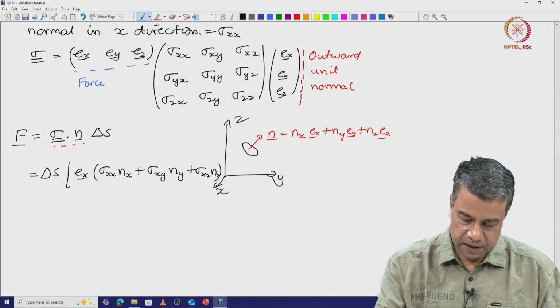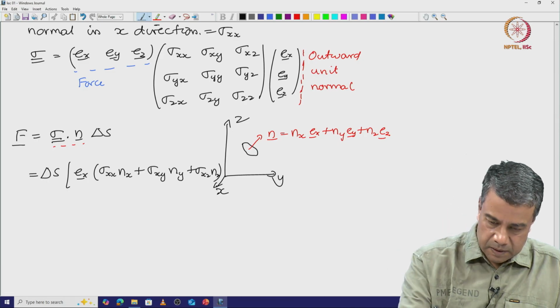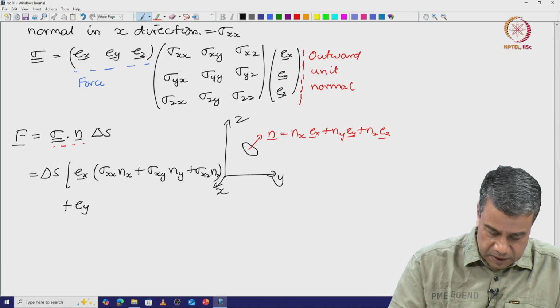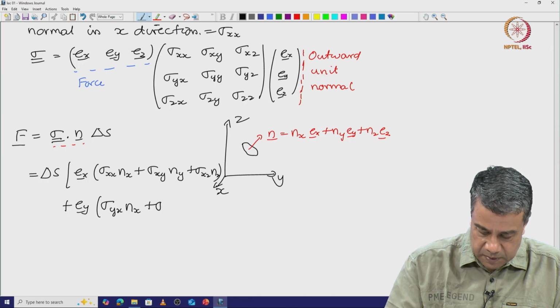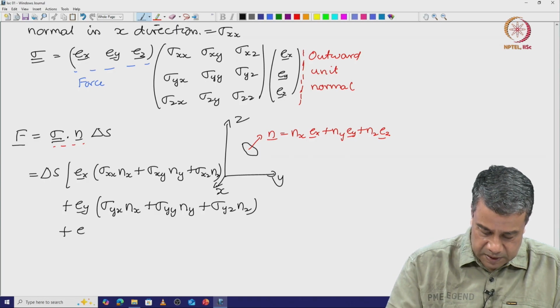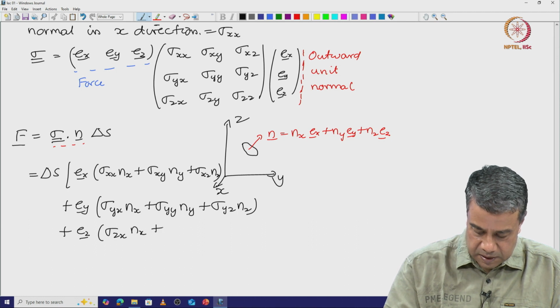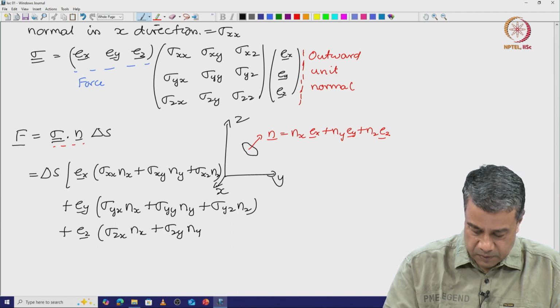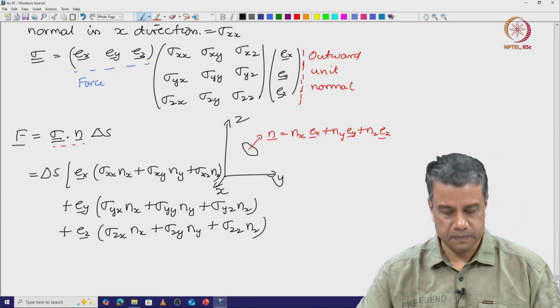So, this Ex here I have dotted with Nx, Ey with Ny Ey and Ez with Nz Ez, plus Ey into sigma yx nx plus sigma yy ny plus sigma yz nz, plus Ez into sigma zx nx plus sigma zy ny plus sigma zz nz.